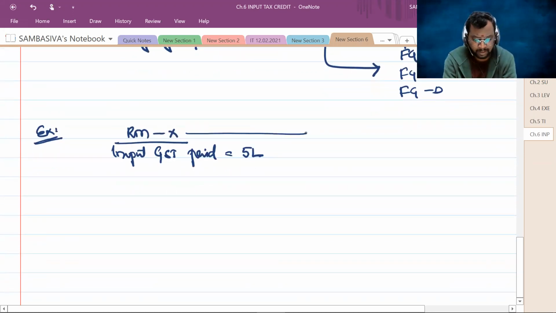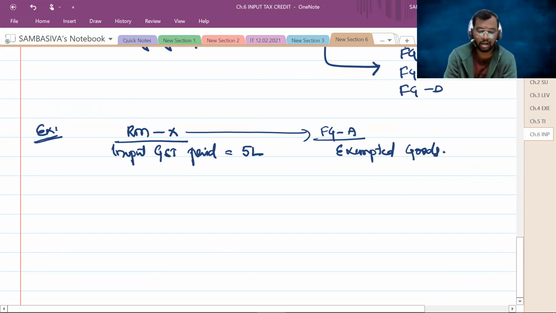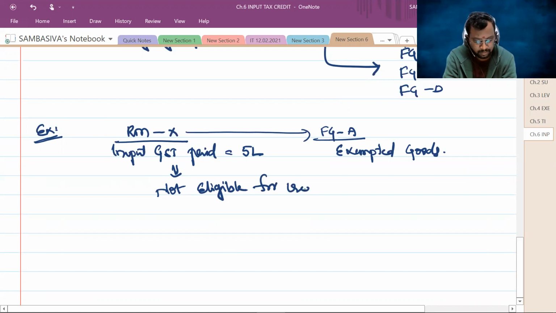Now with this raw material X, I am producing finished goods A, which is an exempted good. Now, whatever the input GST paid, rupees 5 lakhs on purchase of the raw material X, this input GST of rupees 5 lakhs is not eligible for credit.